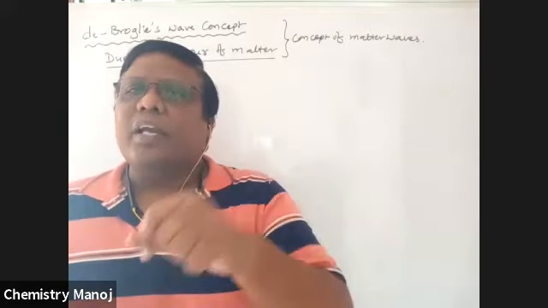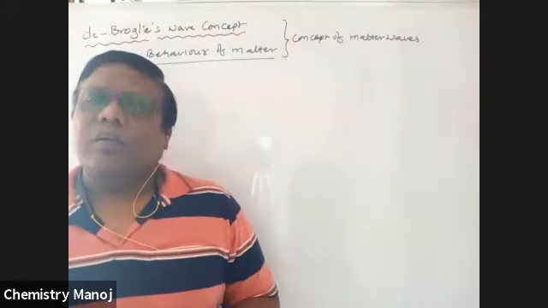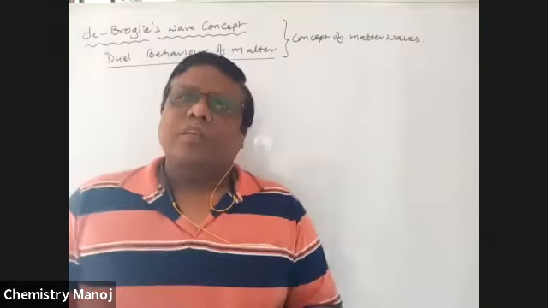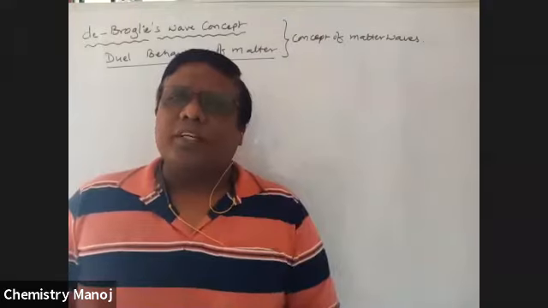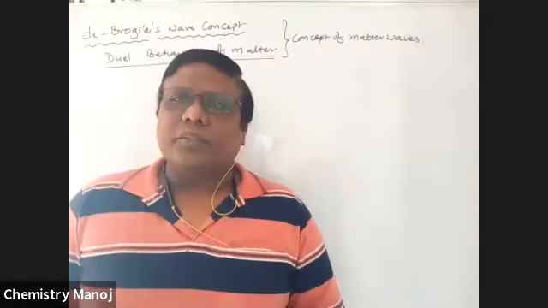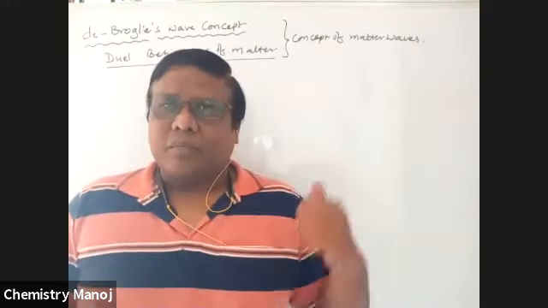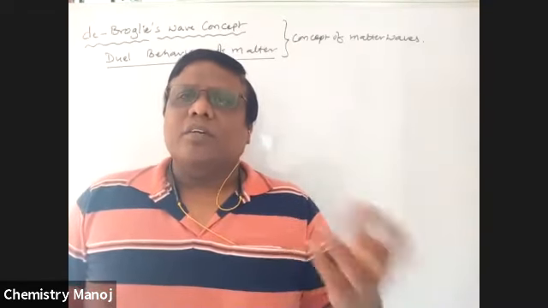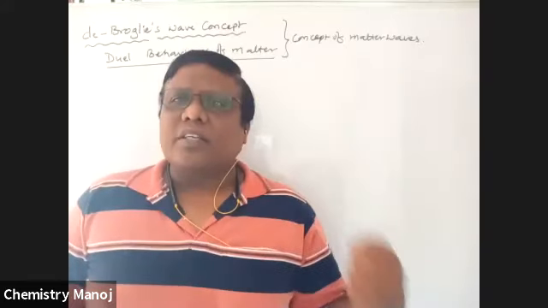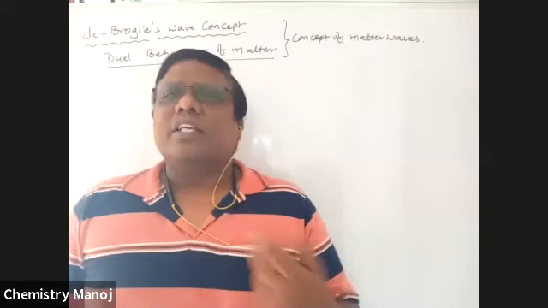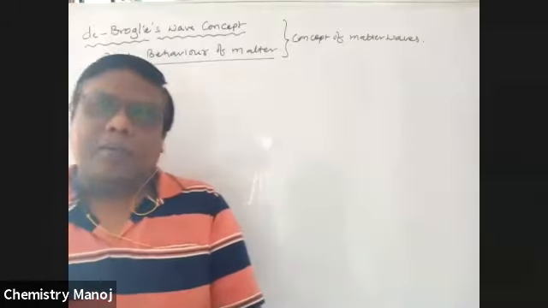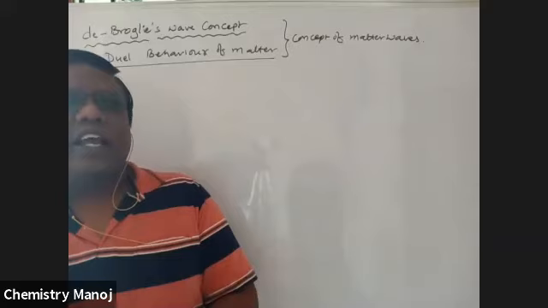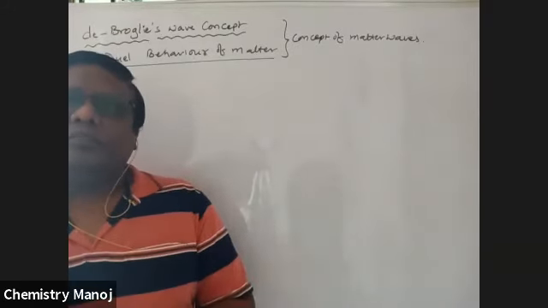That is why dual nature is available. Light has dual nature, and just like light, these moving charged particles also have dual nature. Electrons and protons come from matter, so this dual nature also exists for matter, and that's why these waves are considered matter waves. This theory was explained by de Broglie.